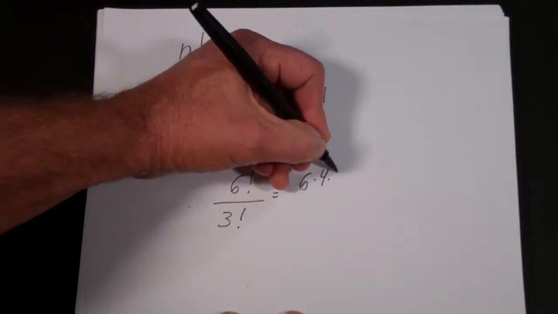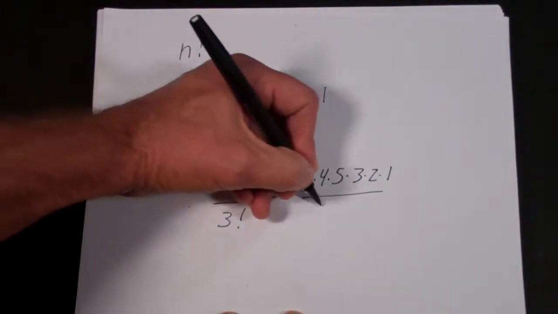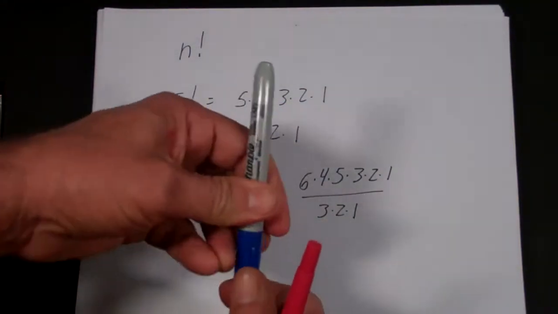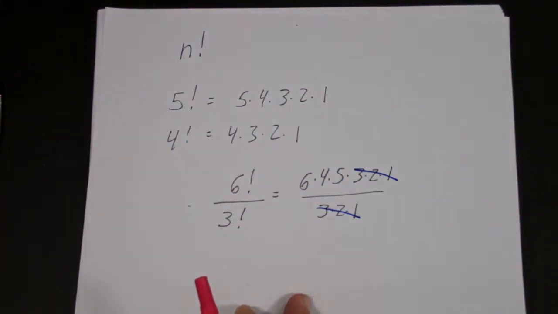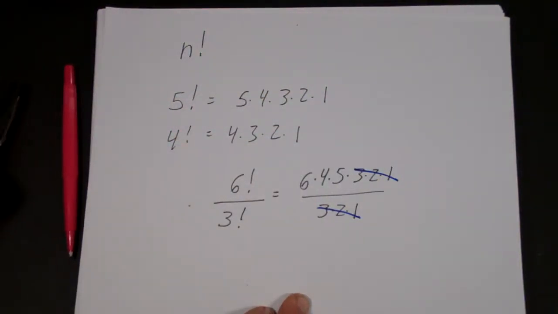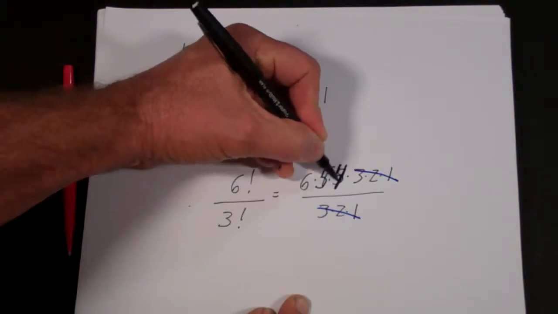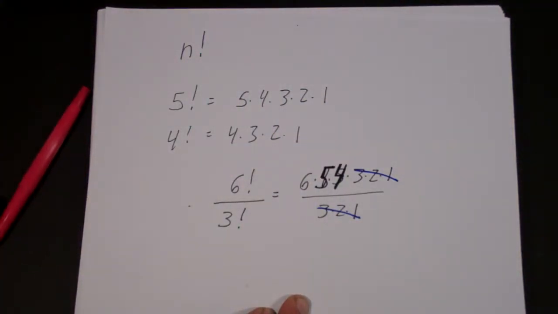That's 6 times 5 times 4 times 3 times 2 times 1 over 3 times 2 times 1. And the 3, the 2, and the 1 cancel with the 3, the 2, and the 1. And that becomes 6 times 5 times 4, which is 120.